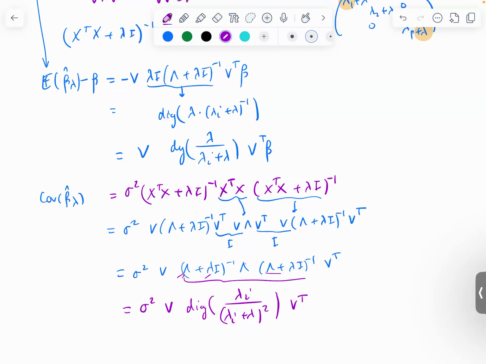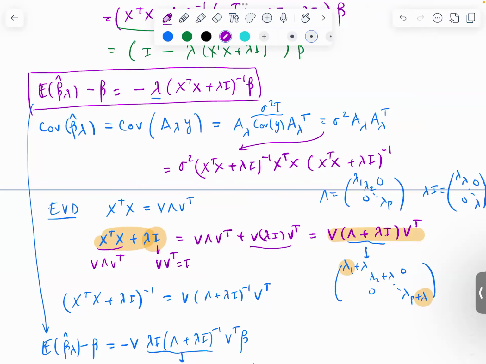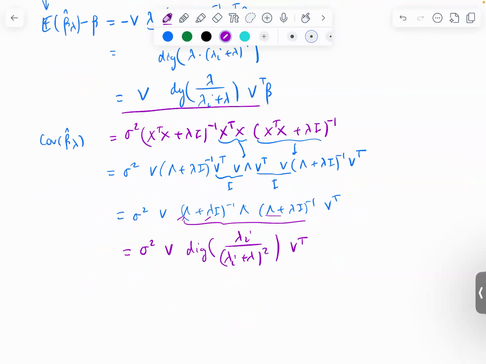This is really the power of the eigenvalue decomposition. All these matrices have the same eigenbasis, so we're going to use these expressions. This is the simplified expression for the bias, and that's for the covariance matrix.